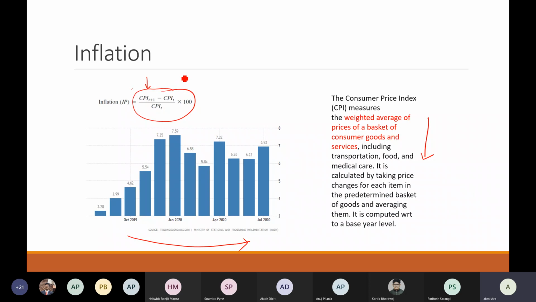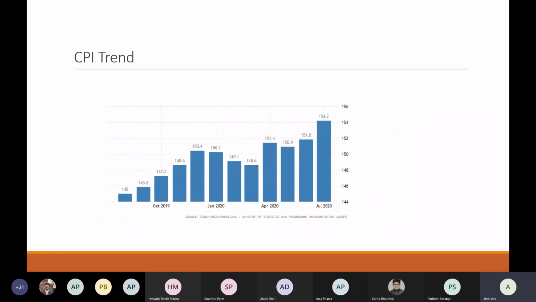If, let's say, earlier the value of the same basket was 100 and now it has gone up to 150, then you divide the change by 100 and multiply by 100, and you get the change in your inflation rate. This is how it is generally calculated. This is a proxy, and we have seen how inflation and interest rates are related, and that's why we should know how to calculate inflation.